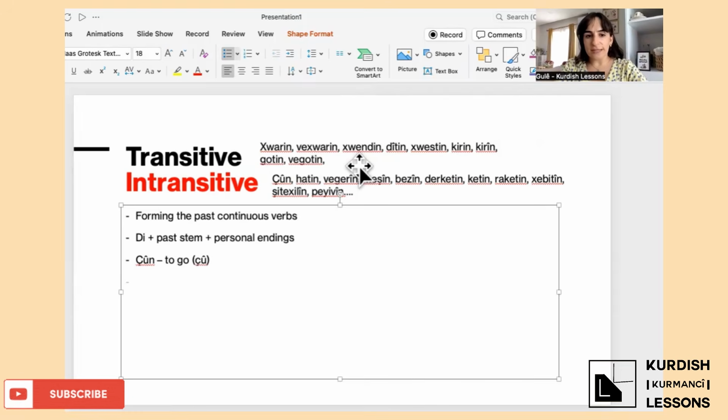For the continuous tense, I put the prefix, the past stem, and then the ending. So as the chum, I was going. To the chuyi, you were going. Au the chu. For the third person, you don't add anything, just the prefix and the stem.